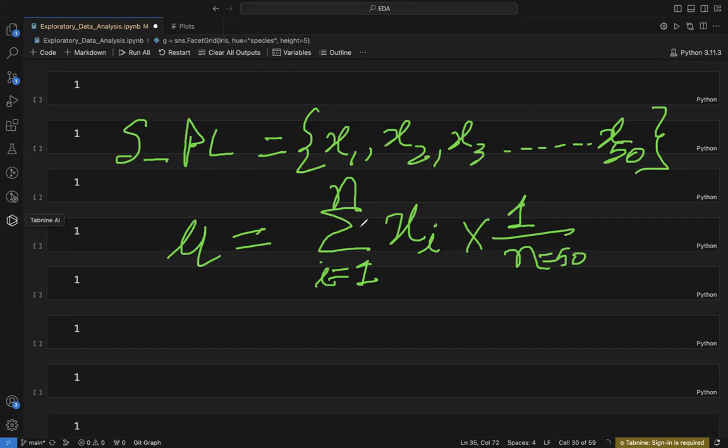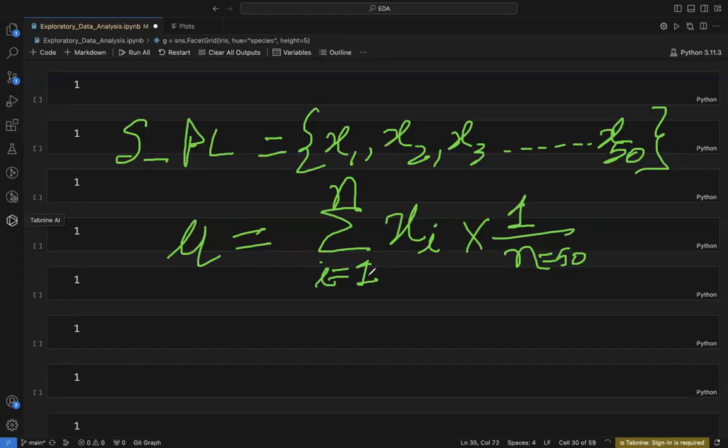So this is my mu for calculating the mean. Now what is spread? Spread basically says how far my points are typically from the mean.